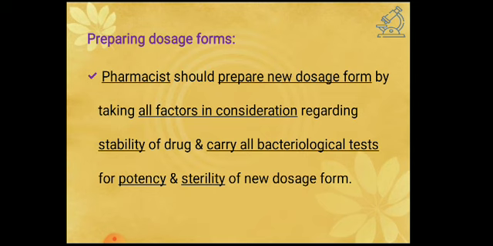In preparation of the dosage form, which dosage form will be stable, or in which type of dosage form the drug will be stable, these different things need to be studied first, and then decided as per the outcome or results of the studies.